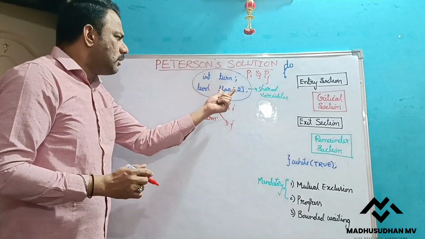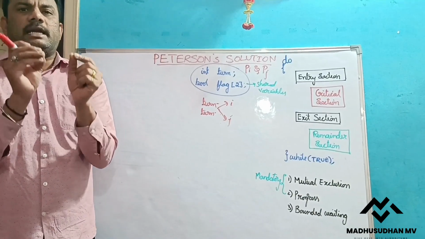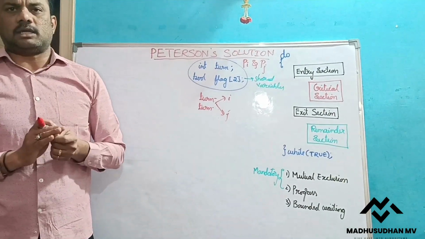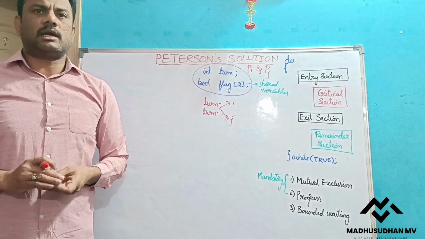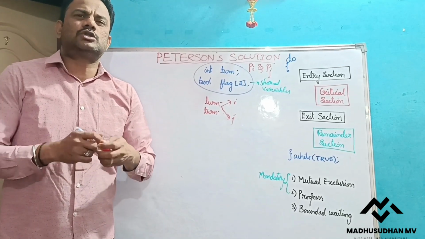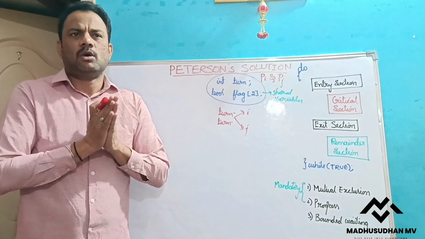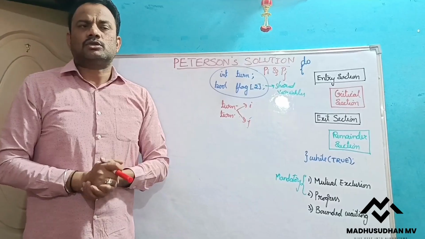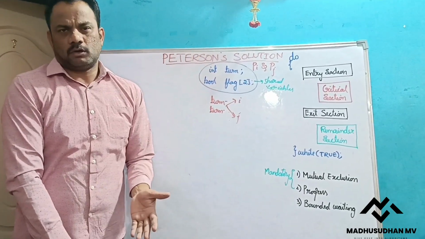Next, the flag variable indicates which process is ready to enter into the critical section and which process is not ready to enter into the critical section. Not all cooperative processes want to access the same shared data or the same resource. It may be different data, so we need to say that not all processes are ready.